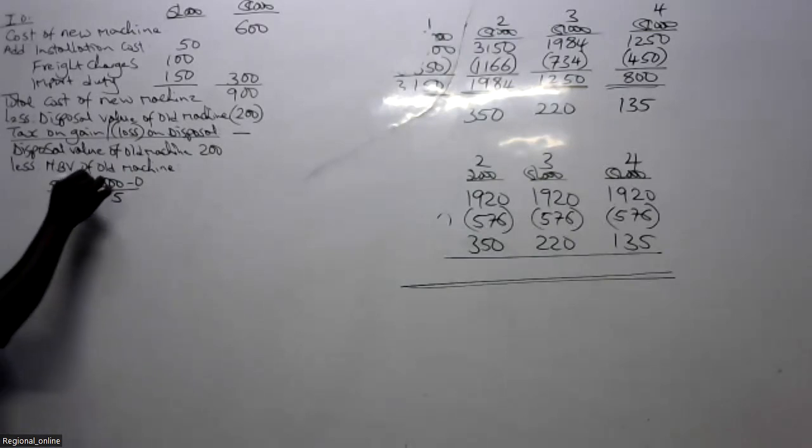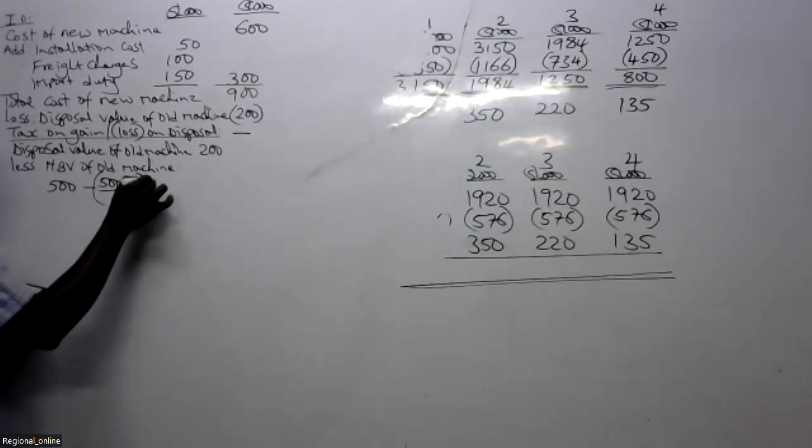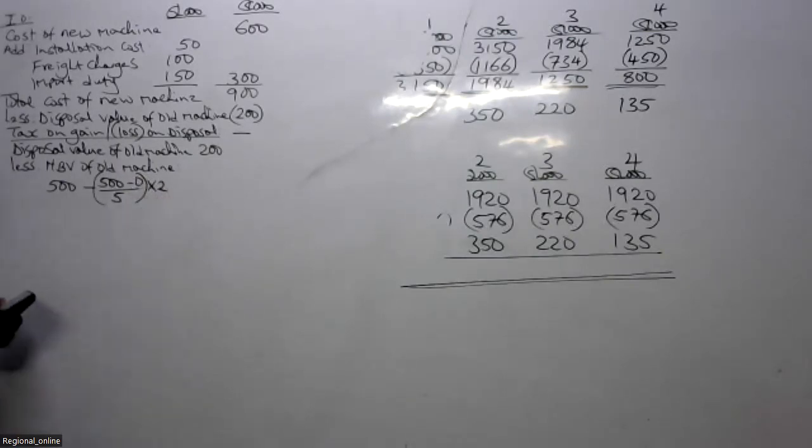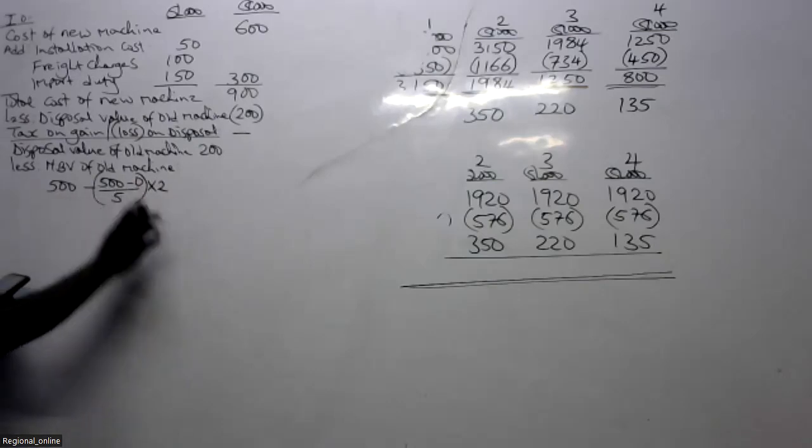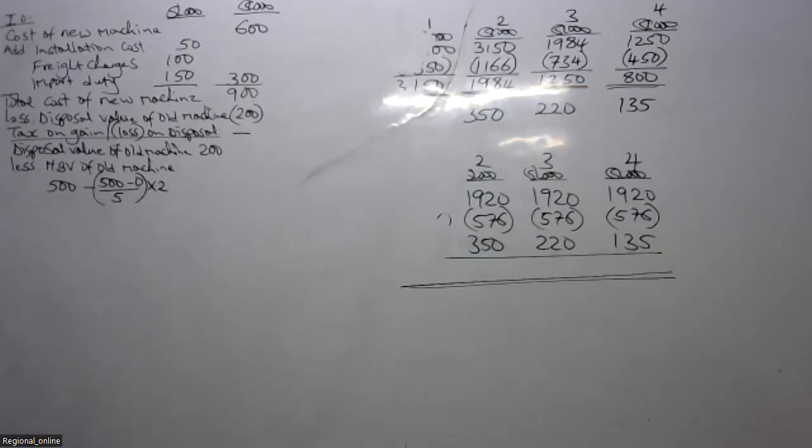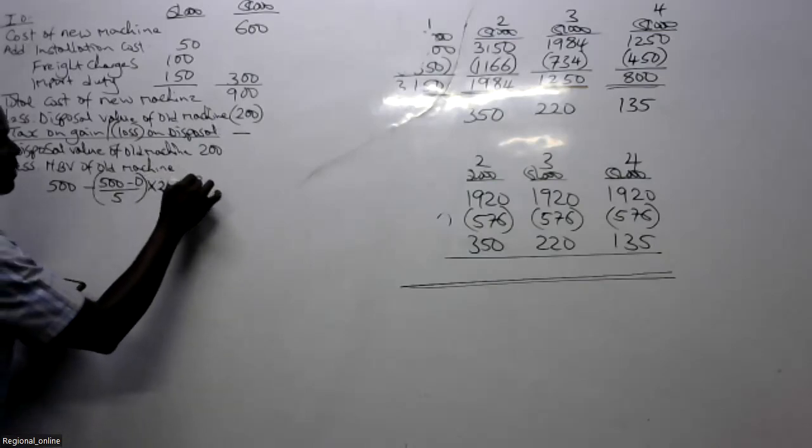So this gives us annual depreciation, but we've depreciated for how long? For 2 years. So cost minus accumulated depreciation, giving us NBV of how much? 300.